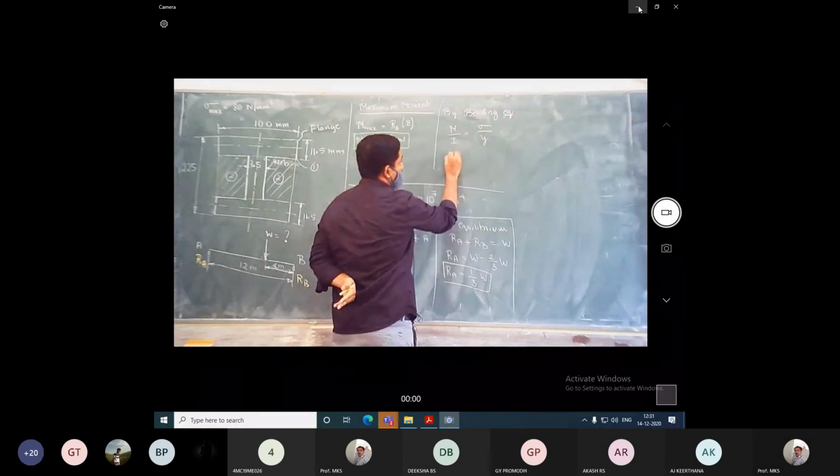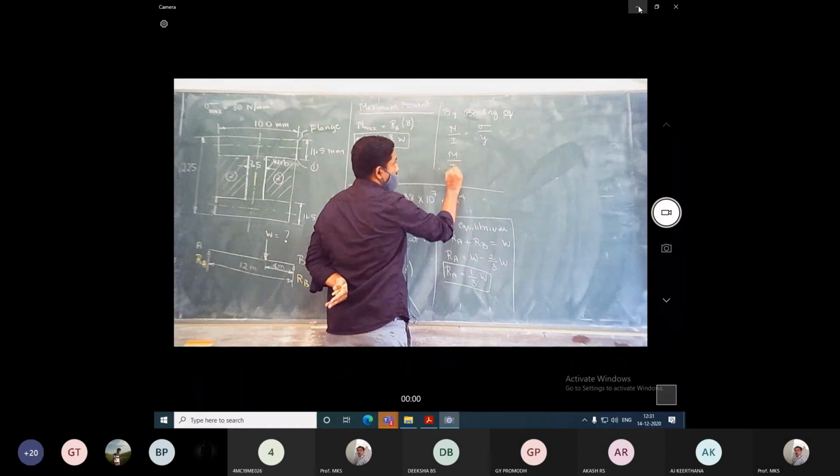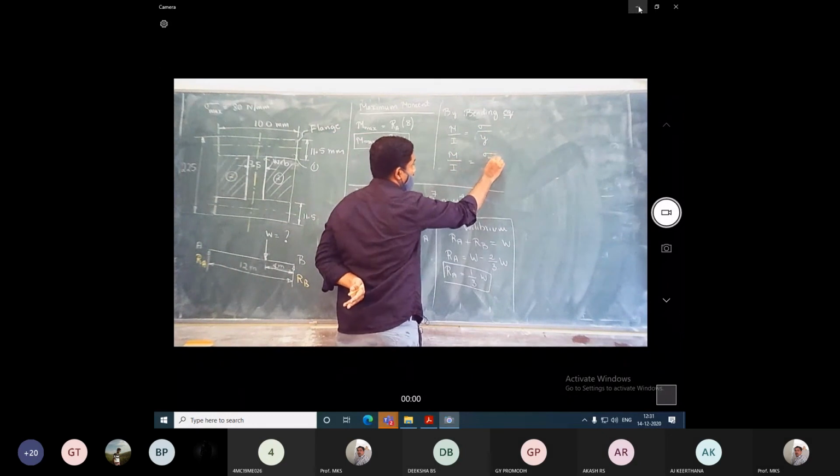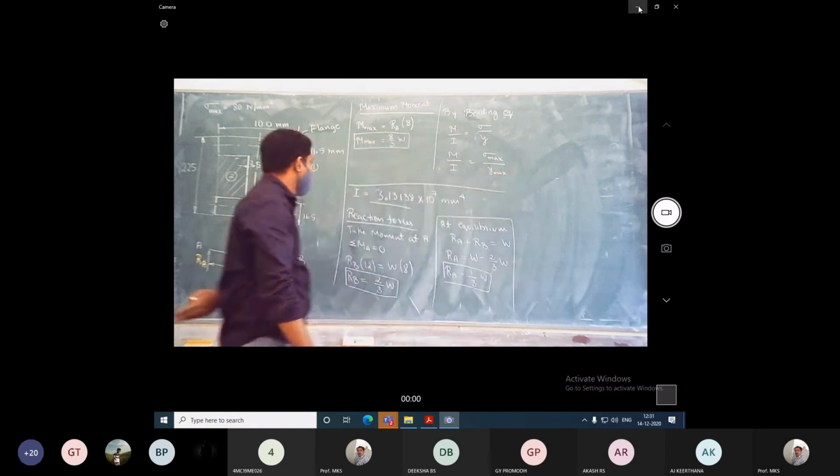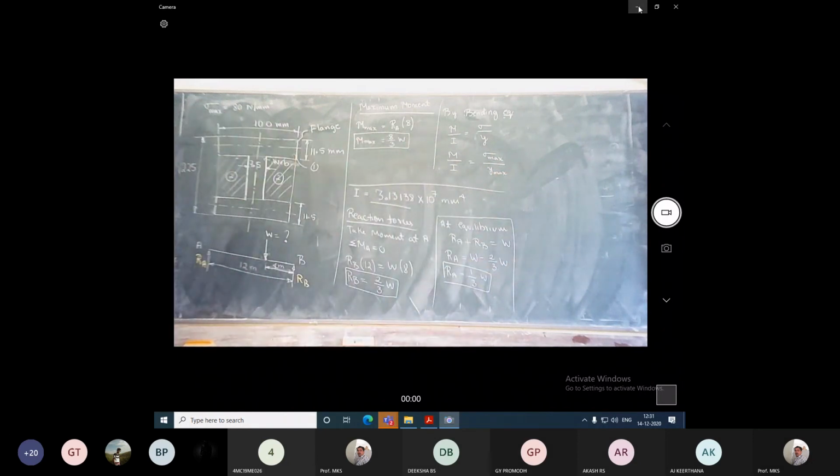So this is nothing but M by I is equal to sigma maximum by y max. Y is the distance to the neutral axis. Here, for a symmetric section, the neutral axis will be exactly at the center.